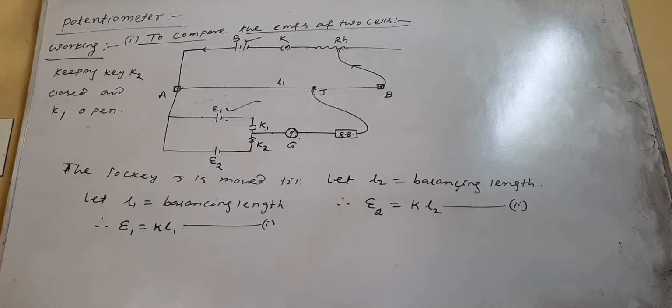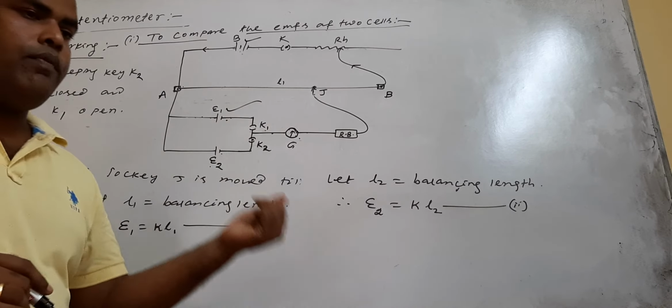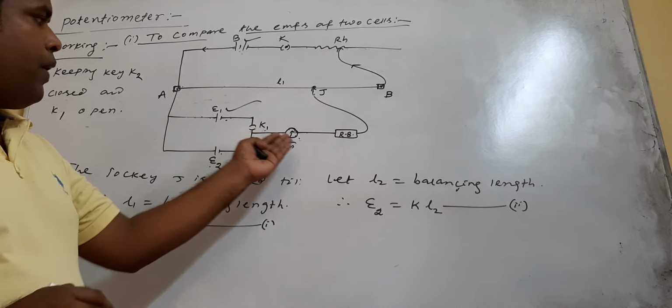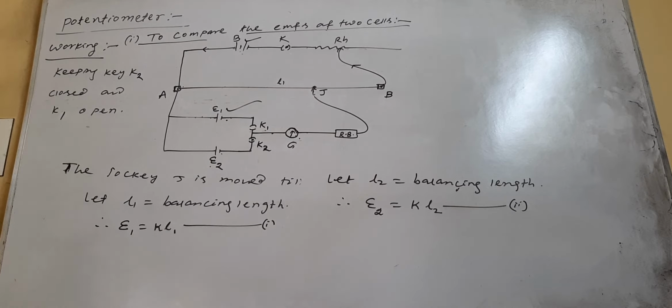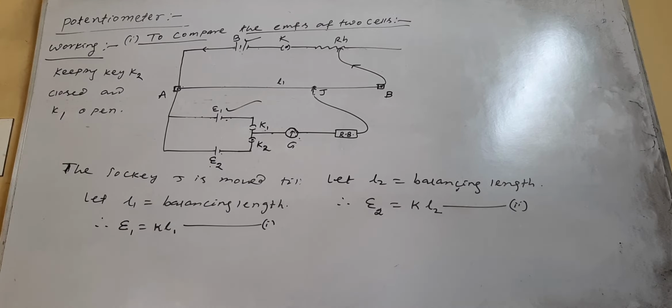So remember, when the galvanometer shows no deflection, or is at the null point, the potential gradient along the potentiometer wire doesn't depend upon the secondary cells.